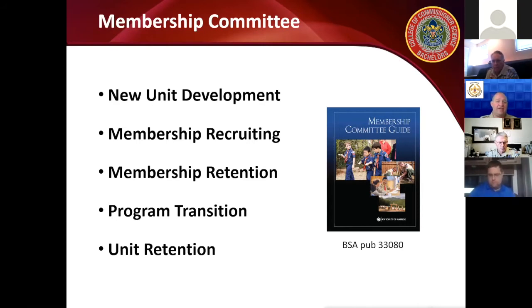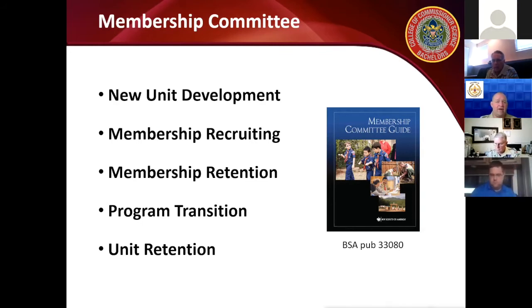And then unit retention is helping the current units function and move forward so that we can keep the units we've got moving and not have units popping up and dropping and so forth.